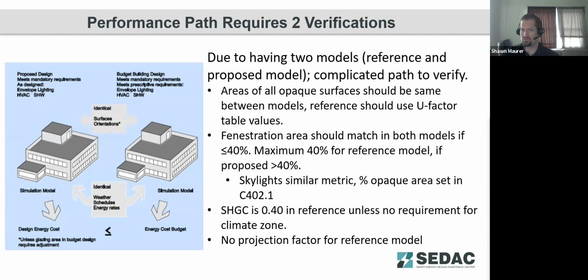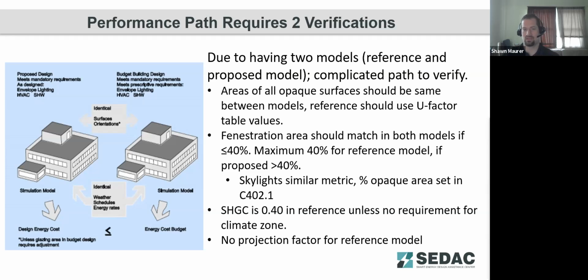The one place where that differs a little bit is for fenestration and skylights. There is a maximum value that the baseline model is going to have in it, and that's going to be your 40%. If you're putting in more than 40% glazing in your building, then your proposed model will be a little different than your baseline model, because that baseline is limited to 40% of your opaque surfaces being glazed.